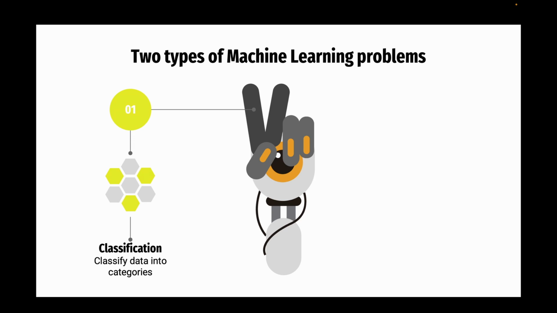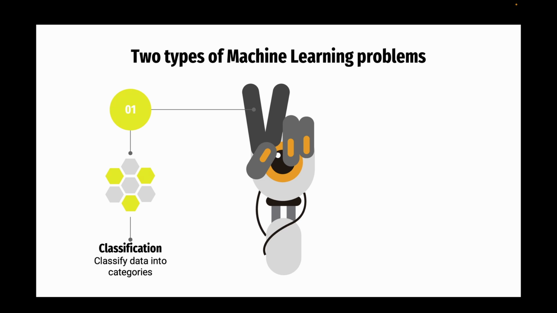And the model's job, which is simulating human intelligence, is to categorize that picture into either the dog or the cat category. And if you have two categories or classes, it's called a binary classification problem. And if it is more than two classes, like let's say we have bicycle, dog, cat, human, guitar, TV, then it's a multi-class classification problem.